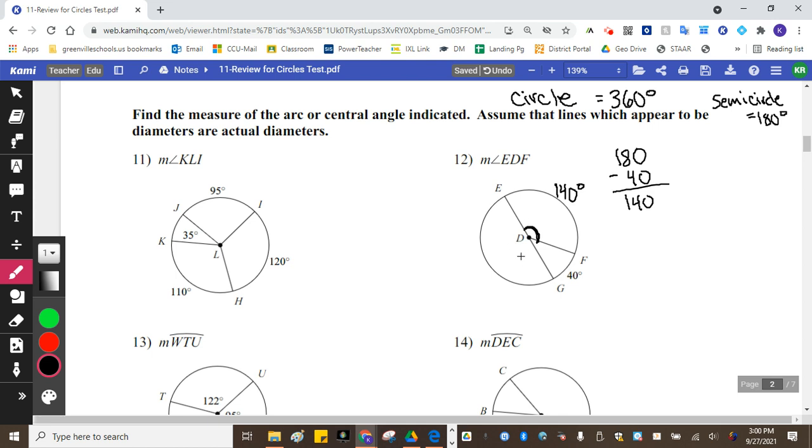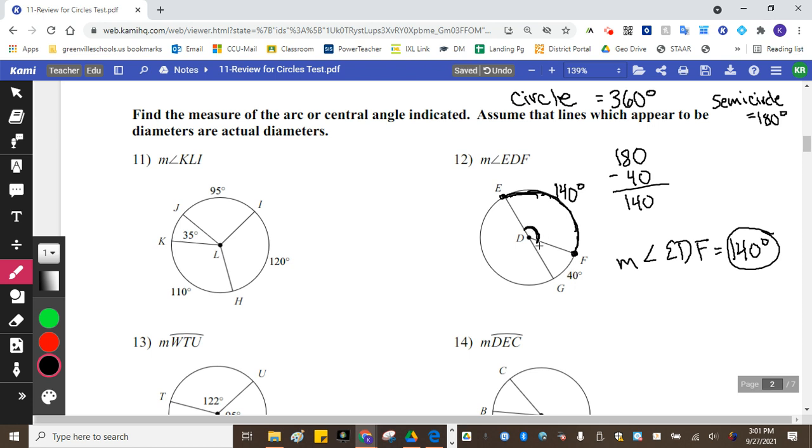What does that make the angle, a central angle? So the measure of angle EDF equals, if this arc is 140, what's the angle? 140. Yeah, they're equal. The arc is equal to this angle.